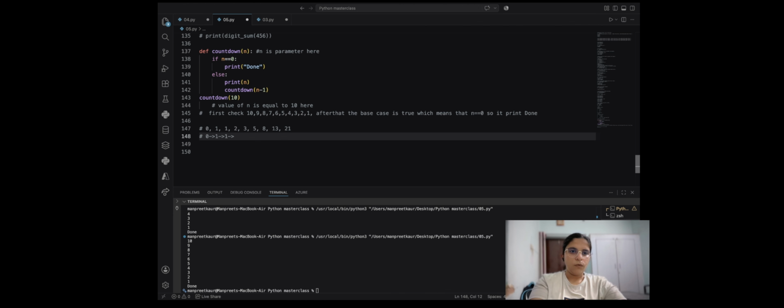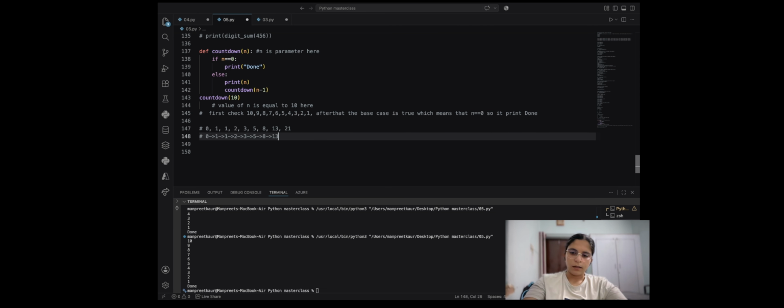Then 1 plus 1 gives 2. Then 2 plus 1 gives 3. 3 plus 2 gives you 5. 5 plus 3 gives you 8. 8 plus 5 gives you 13.